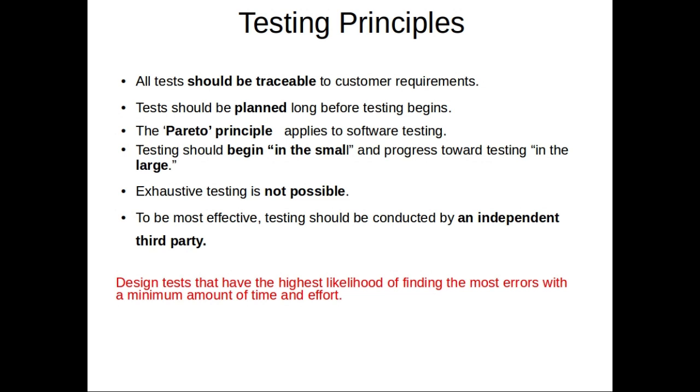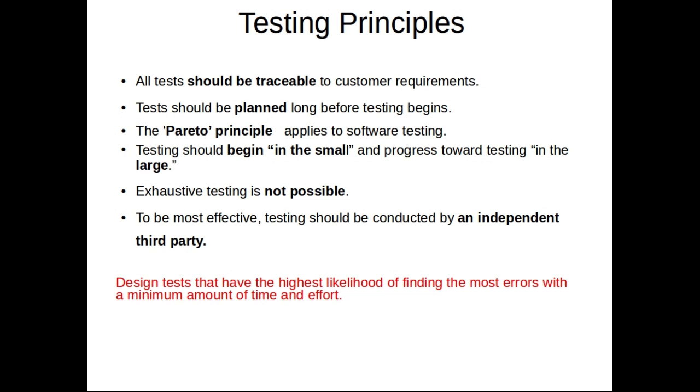As the objective of software testing is to uncover errors, it follows that the most severe defects from the customer's point of view are those that cause the program to fail to meet its requirements. 2. The test should be planned long before testing begins. Test planning can begin as soon as the requirements model is complete.